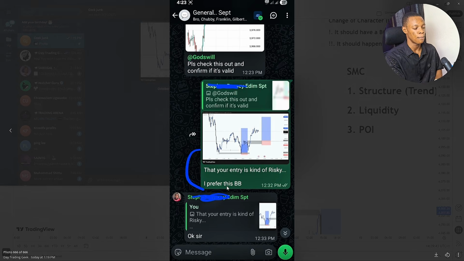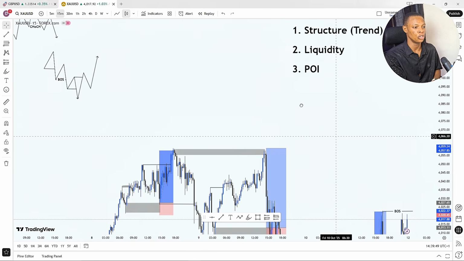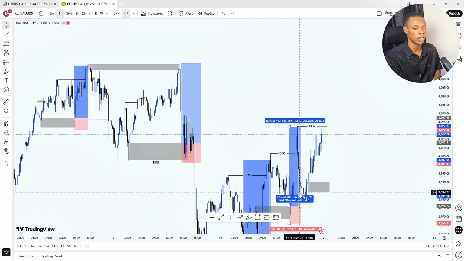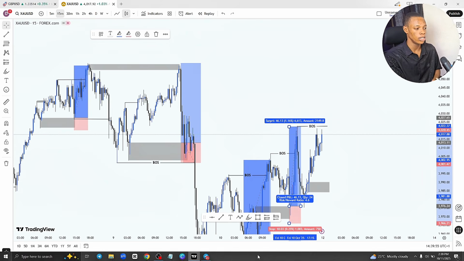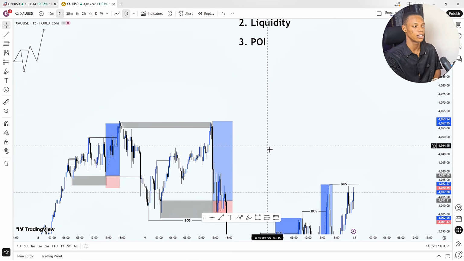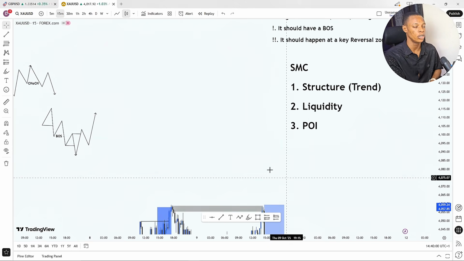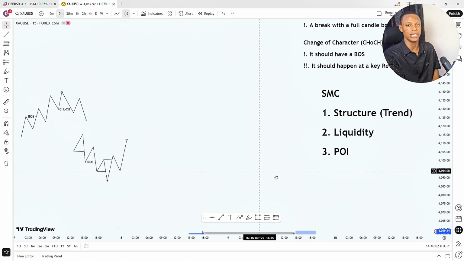Then I said, I prefer this breaker block, right? So I sent him the setup, which was one of the setups I showed you guys earlier, this very one that played out, giving 1:4 RR. So all he had to do was redo his analysis, correct himself, and follow it the way I've given him.